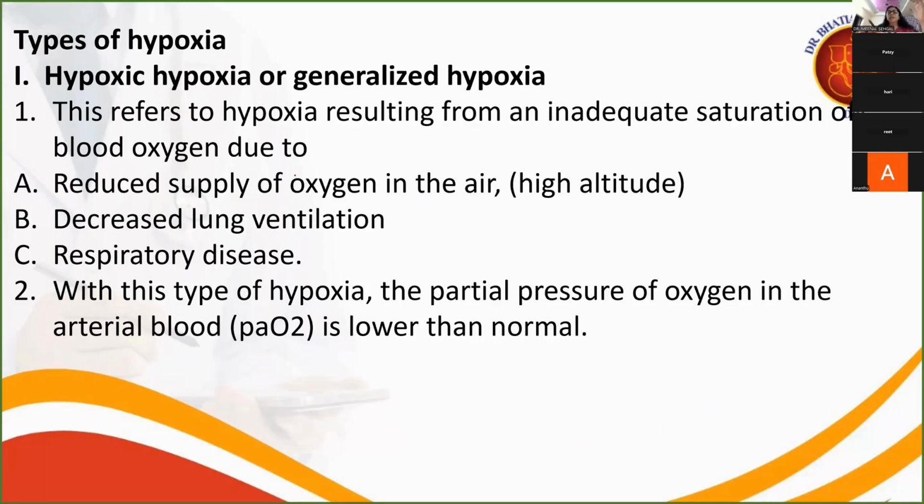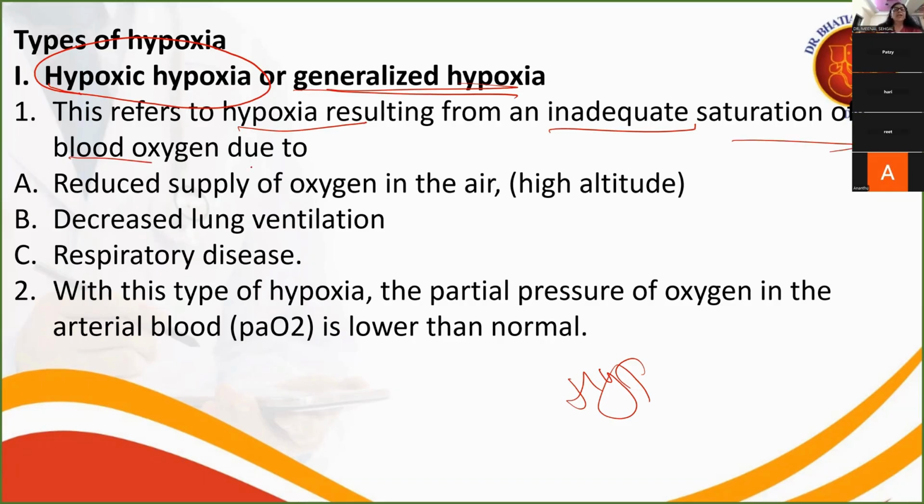So depending upon this, there has been a classification of the types of hypoxia. There can be hypoxic hypoxia, that is generalized hypoxia. This refers to hypoxia from inadequate saturation of blood oxygen, that is hypoxemic hypoxia is referred to as hypoxic hypoxia.